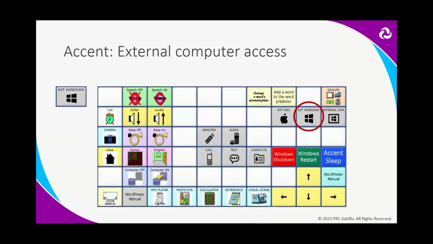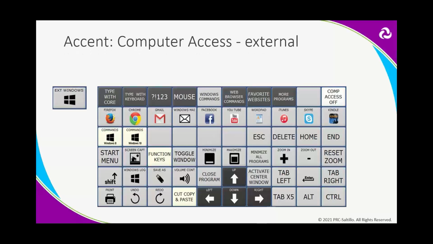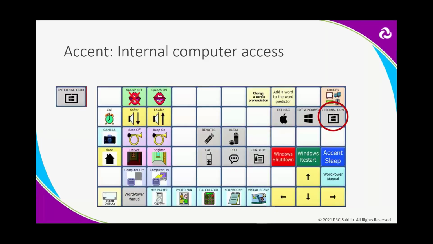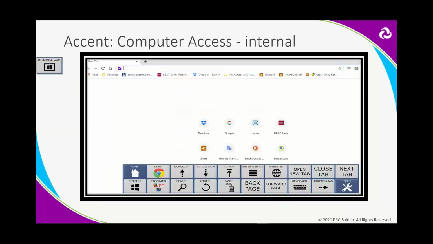So that would be external Windows control, and then you also can do external control of a Mac computer, and then there's also internal computer access. With internal computer access, I'm just going to show a picture of that. So that would be actually controlling the computer within the Accent. When you turn that on, you see your computer screen, and then the controls are at the bottom.